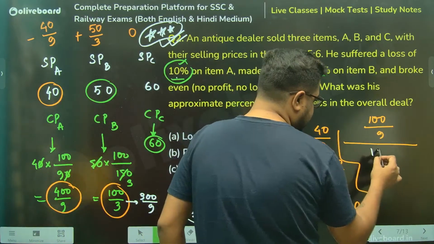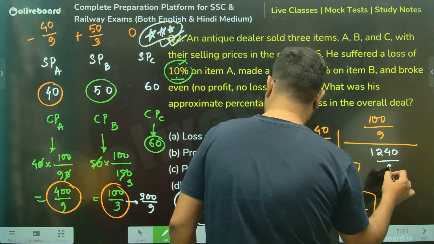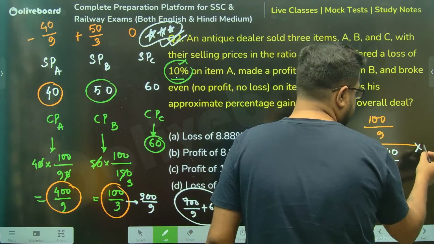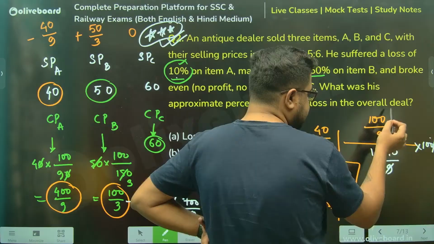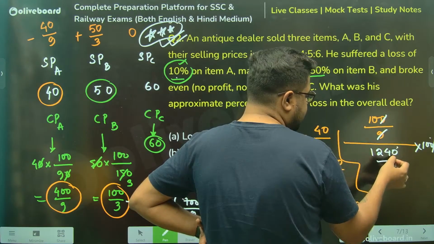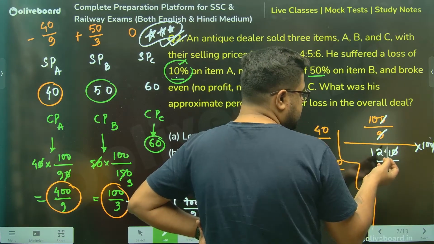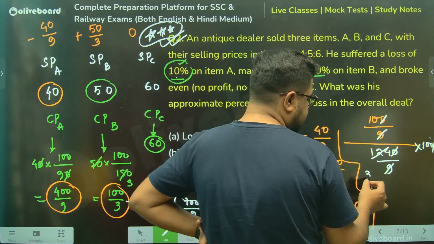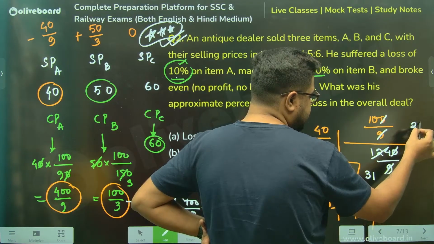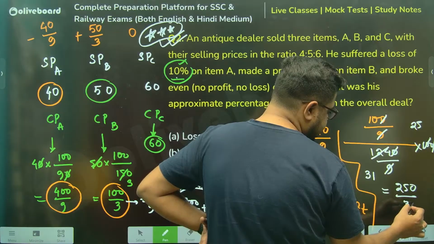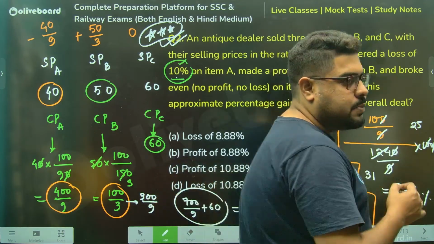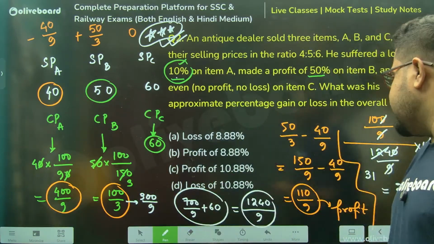So 110 by 9 divided by 1240 by 9, into 100% for percentage. So 9 cancels, and we get 250 by 31, sir. Now let's look at the options before I conclude anything.